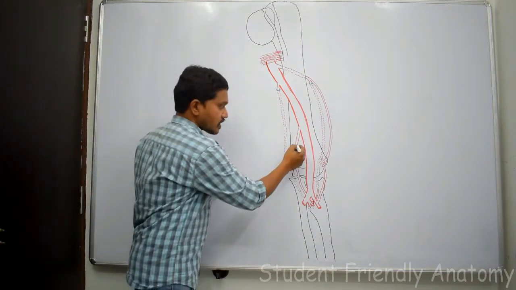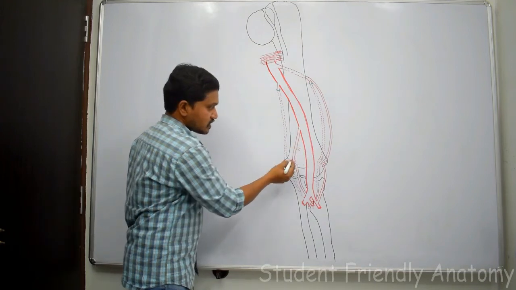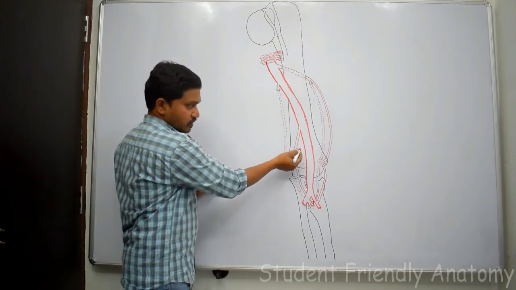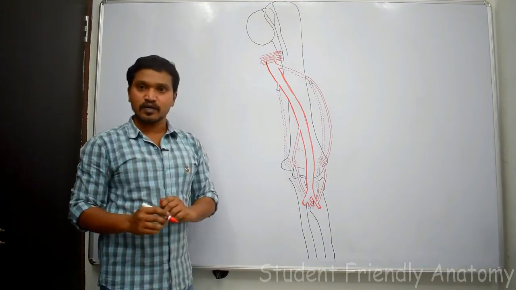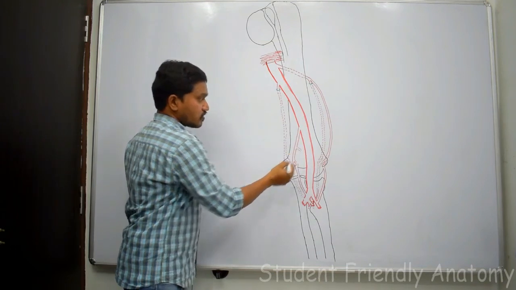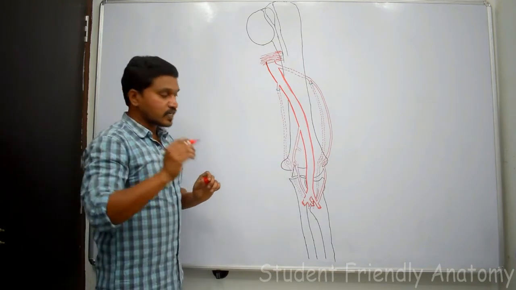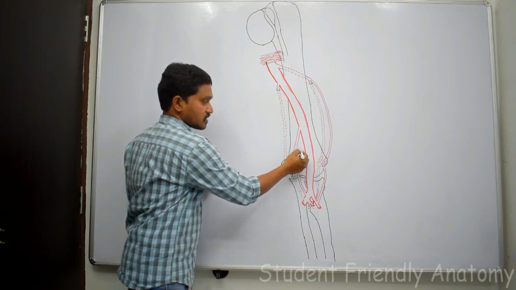This inferior ulnar collateral will give a posterior branch and an anterior branch. See, this is the anterior branch. Now I am telling about the posterior branch. This is an extra point, right? So this posterior division of inferior ulnar collateral divides into a transverse branch and a descending branch.